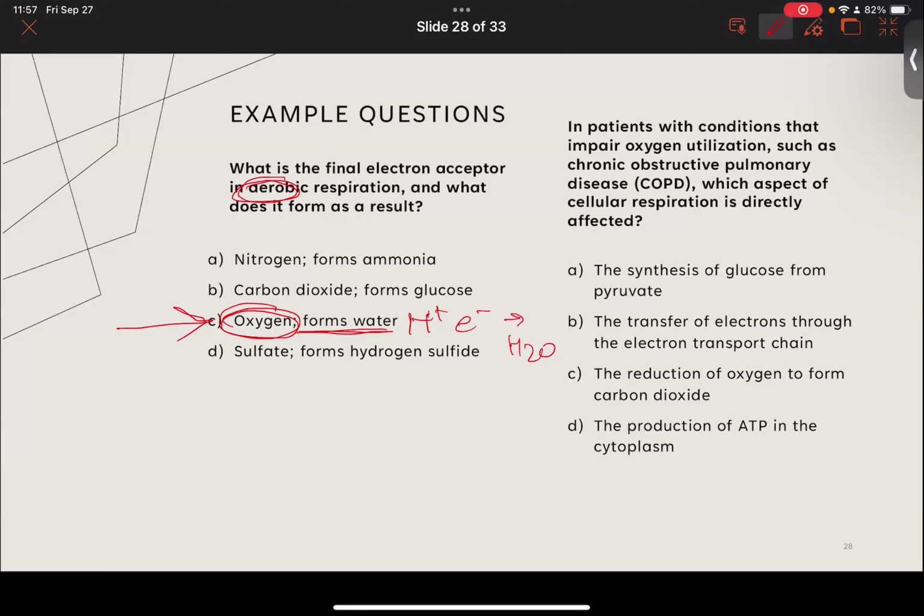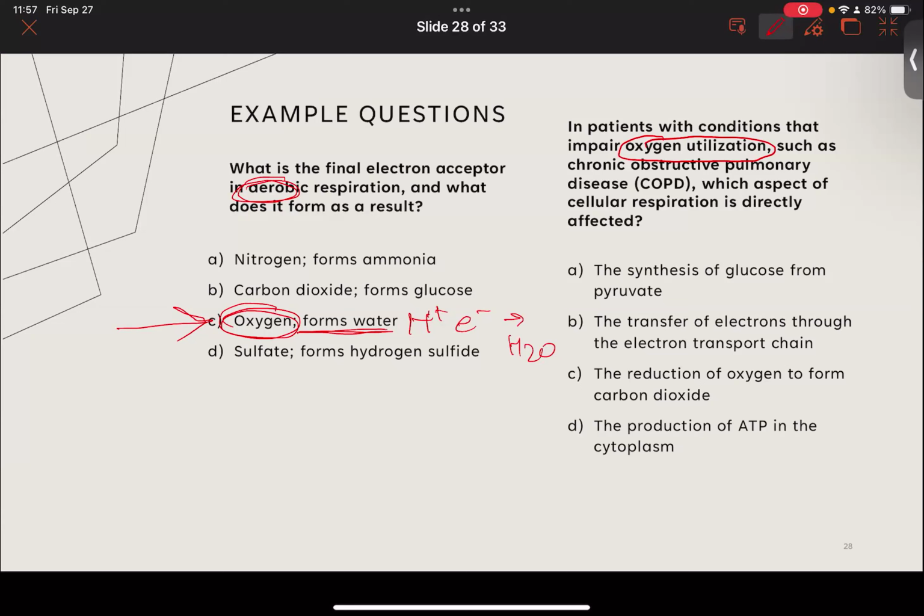If you're going to be a medical doctor or PA, or you want to be an LPN or something like this, then you really need to know this because you'll have to know this at the actual molecular level. This is baby stuff. Anyways, in patients with conditions that impair oxygen utilization, they can breathe in just fine. It's just they're not able to use the oxygen for its intended purpose.